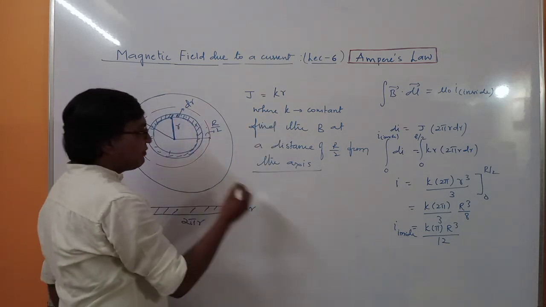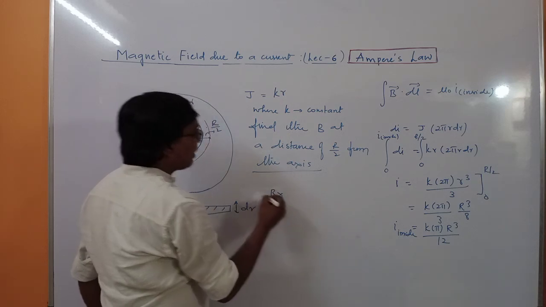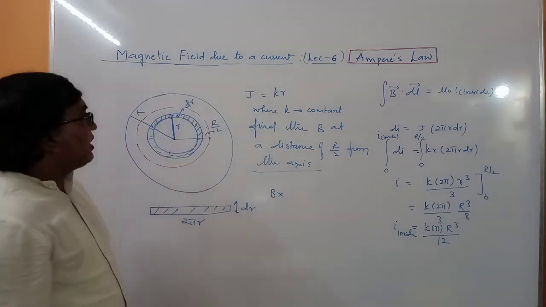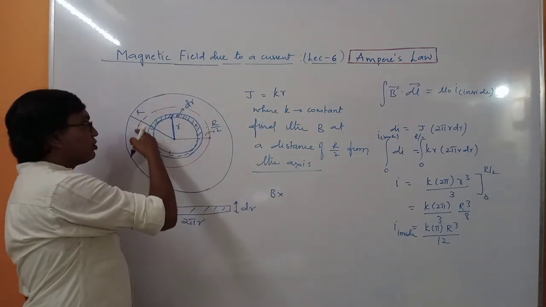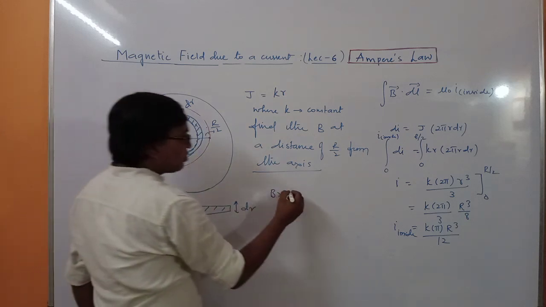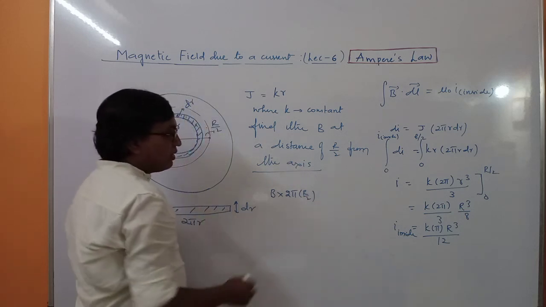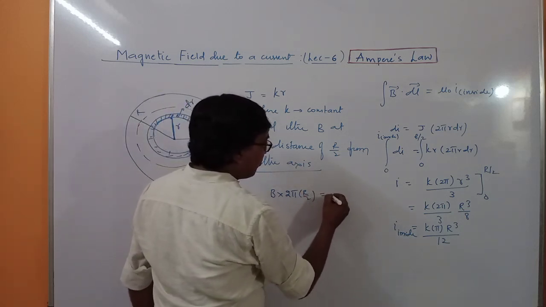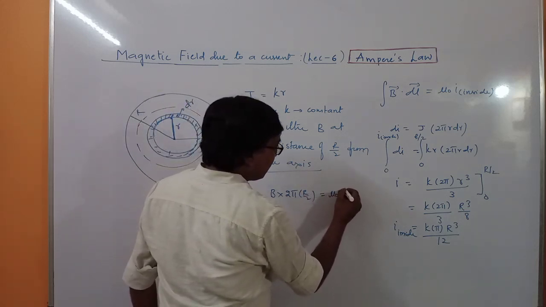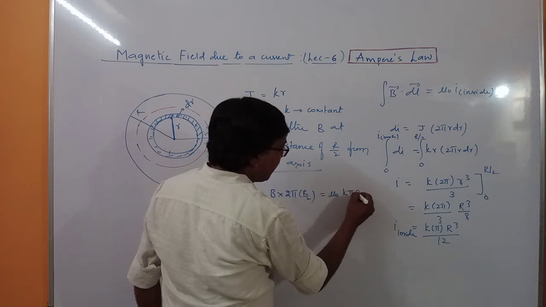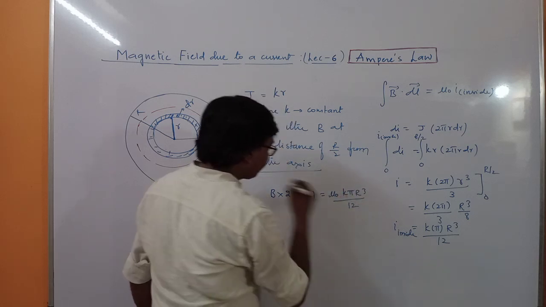Now B and circulation. B is constant everywhere, so B into the integration of dl. This is Ampere's law. So it is 2 pi into R by 2, and that should be equal to mu naught into k pi R cubed by 12.